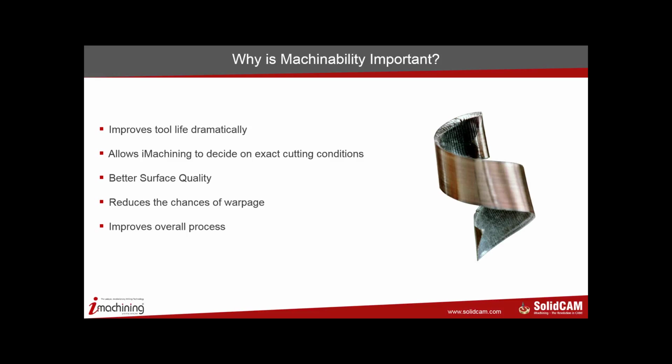You have a much better surface quality because you have calculated the cutting conditions right. For materials which are prone to warpage, if you can get the machinability right, that means you can get the cutting conditions right. This reduces the chance of warpage of the material, and it improves the overall process.